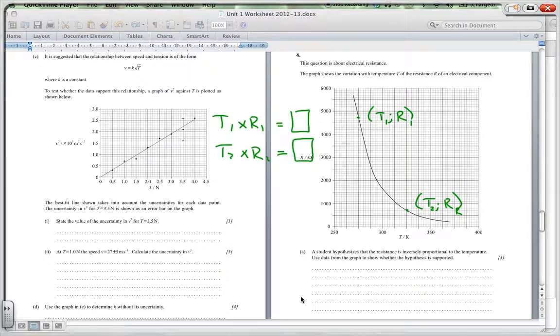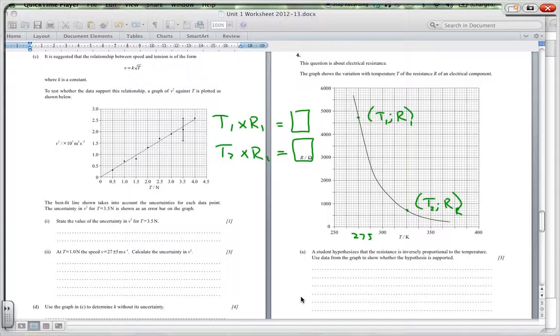So looking at T1, I am here, halfway between, so that's 275. And here, this is 4,000, each one of these must be 100, so this is going to be about 4,700.